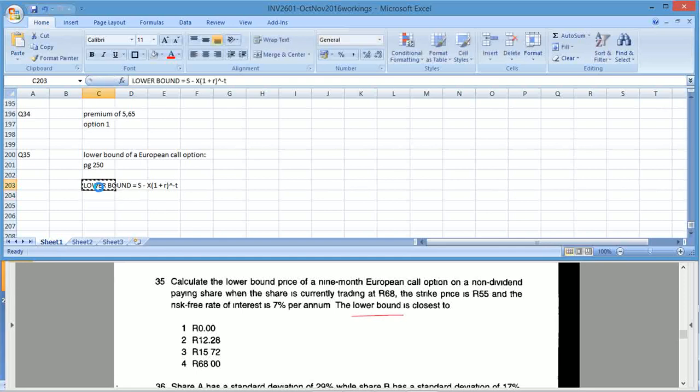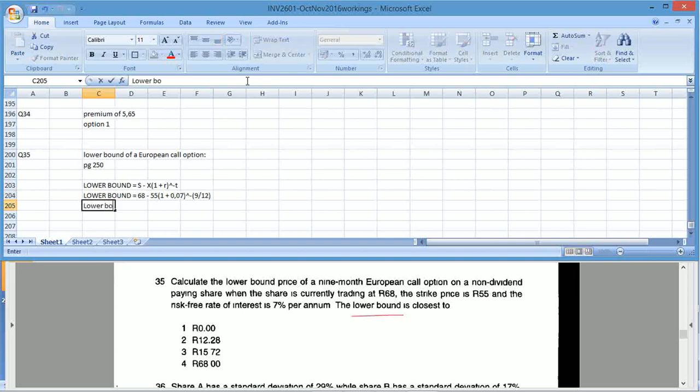So then obviously I'm going to substitute the information in. The current spot in the market is currently trading at 68. The exercise price or strike price is 55. The rate that was given in the question was 0.07, and the time given in the question is 9 months, so 9 over 12, close brackets.